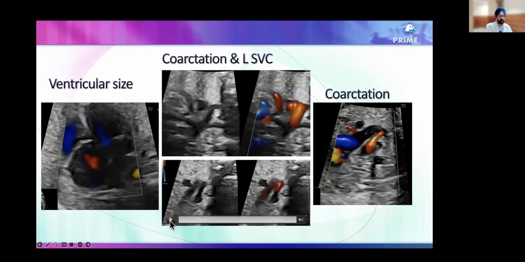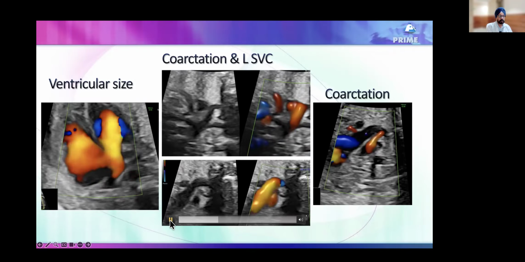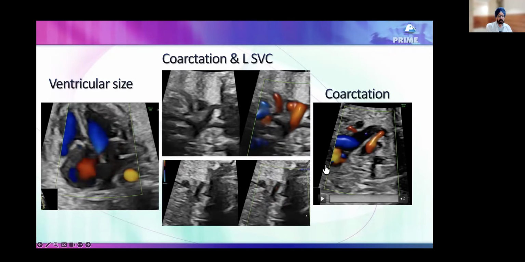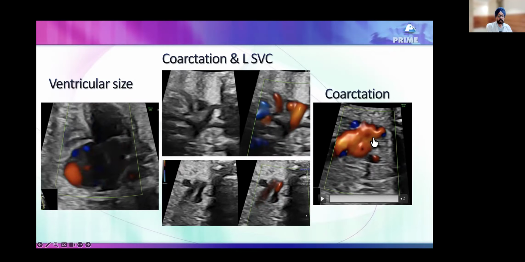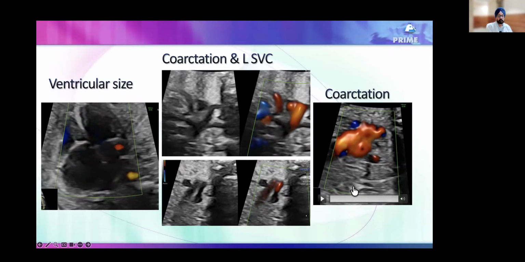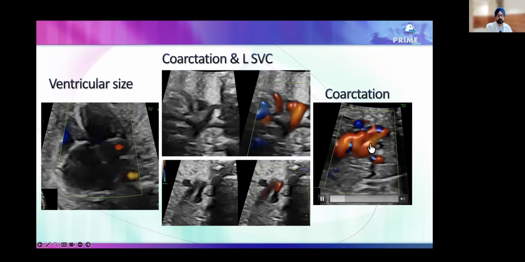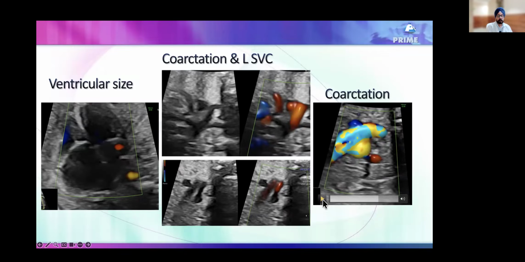Okay, and then you see there is one SVC here, and you see the other SVC there. So there are two SVCs. This is the PA, which is larger, and the aorta, which is smaller, with some diastolic hold. You always go frame by frame to see diastolic hold.